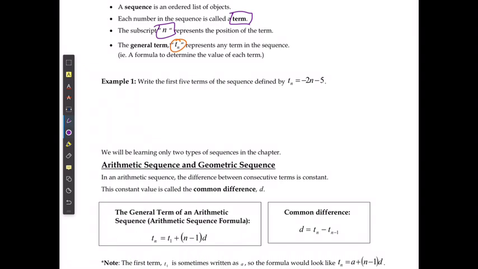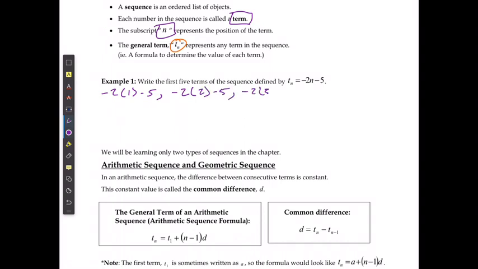So, if I'm looking at example 1, it says, write the first 5 terms in a sequence defined by Tn, or the term value, is equal to negative 2 times the position of the term minus 5. Well, if I'm doing the first 5 numbers, the first one would be negative 2 times term 1 minus 5. Then I would go to negative 2 and term 2 minus 5.